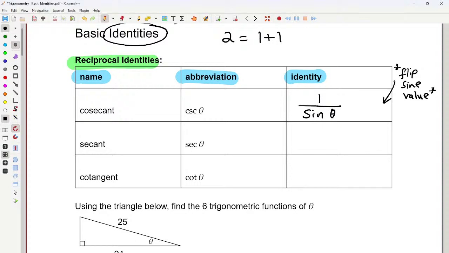The second of 3 identities is called the secant. It is abbreviated SEC. And you are allowed to replace it with 1 over cosine.